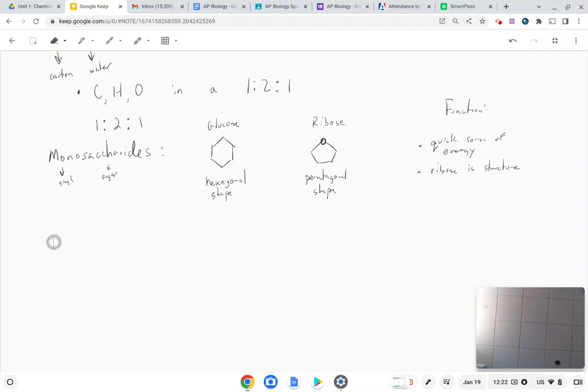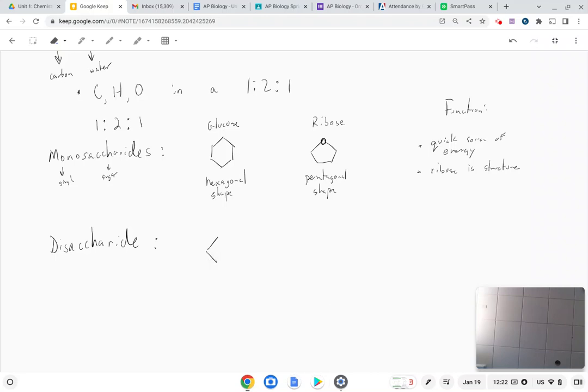All right, so next we look at the disaccharides. You know that di means 2, so these are sugars that are composed of 2 parts. We talked about maltose earlier. But let's take a look at table sugar.